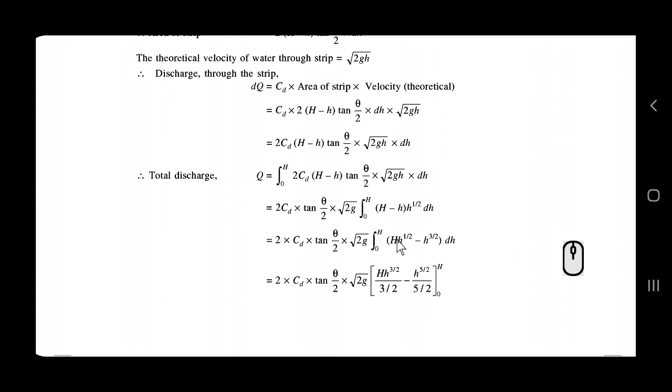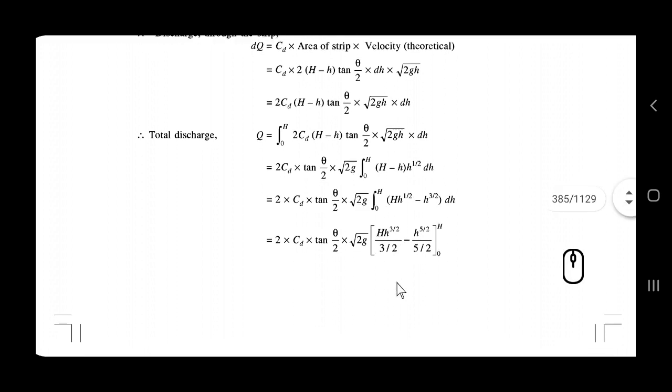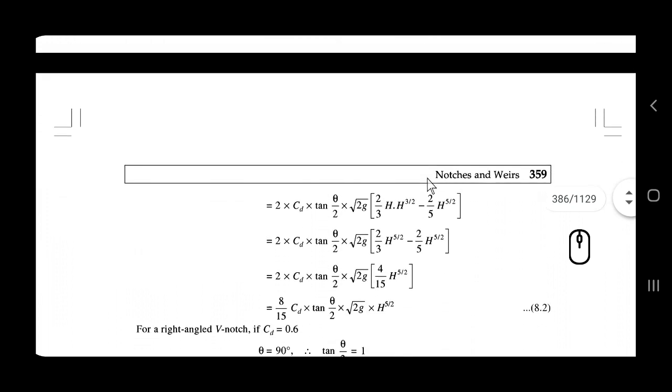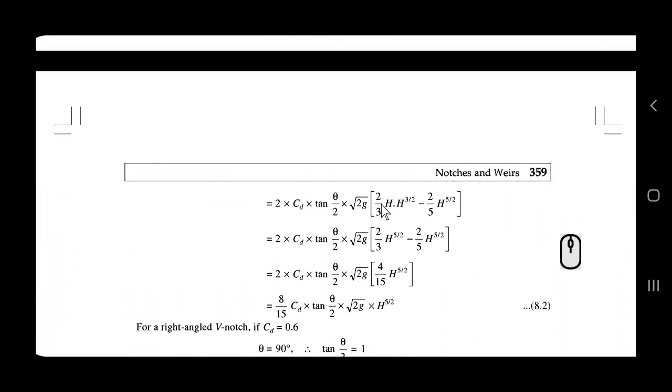So after integrating this value we will get like this, capital H into h raised to 3 by 2 divided by 3 by 2 minus, you know how to integrate this term. After giving these limits 0 to H also, you will get it as 2 by 3 capital H into h raised to 3 by 2 minus 2 by 5 h raised to 5 by 2.